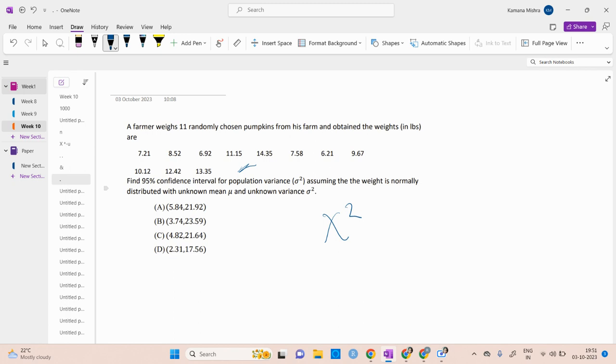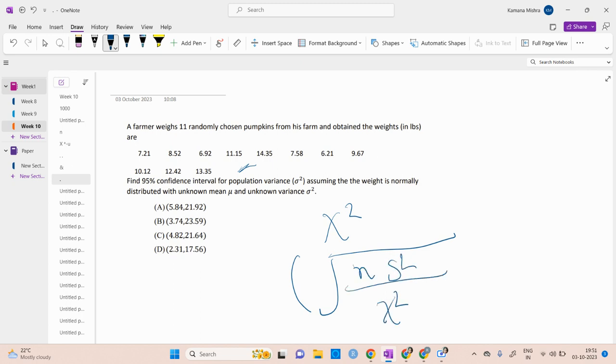So here we don't know the mean of the population, and we don't know the sigma square of the population also.